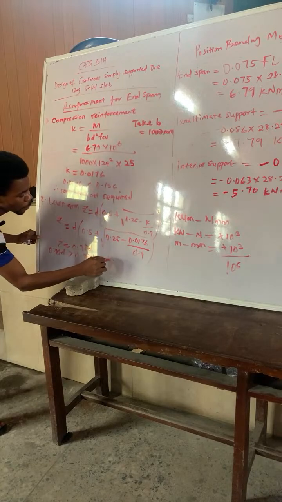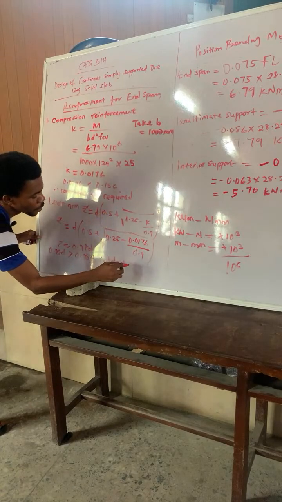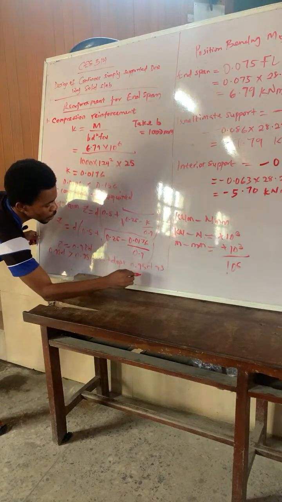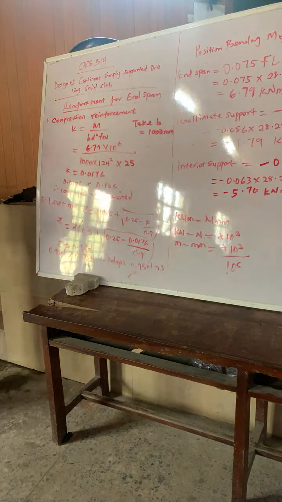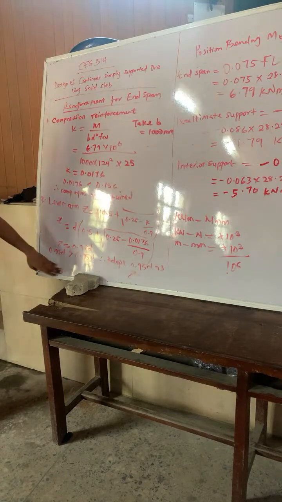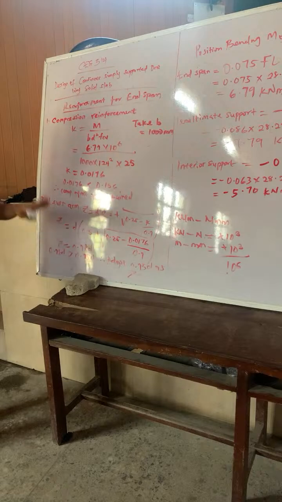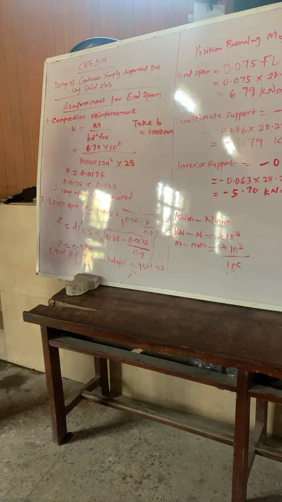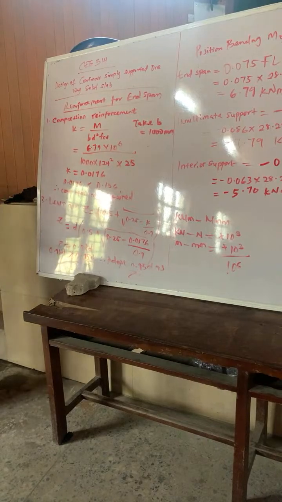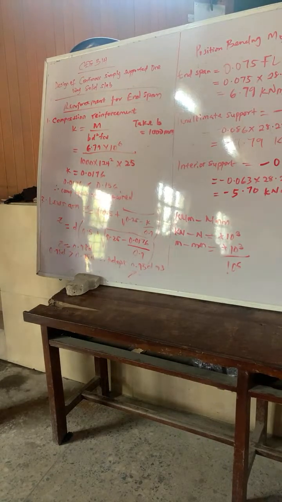So therefore, adopt 0.95D as Z, as our lever arm. Any questions so far? Because it is greater than 0.95D, you adopt 0.95D. But if it is less, you use your obtained value.